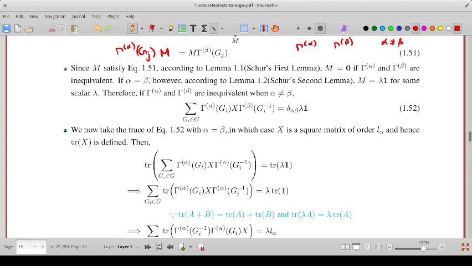Now we take the case when alpha equal to beta. So gamma alpha and gamma beta are the same representation. And then I take the trace of this equation. So when alpha equal to beta, this delta will be 1. So the trace of sum over Gi gamma alpha Gi X gamma alpha Gi inverse, because beta is now equal to alpha, is equal to the trace of the right hand side, which is simply lambda times identity matrix.